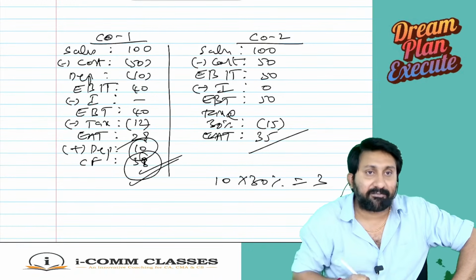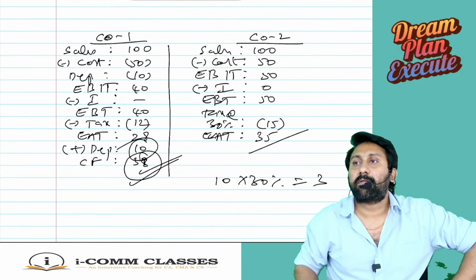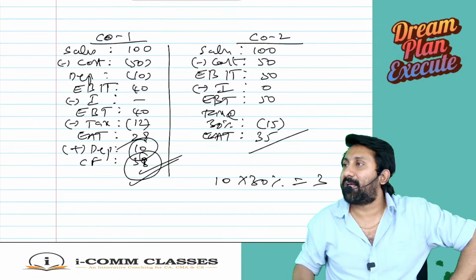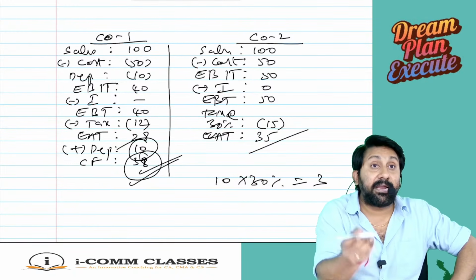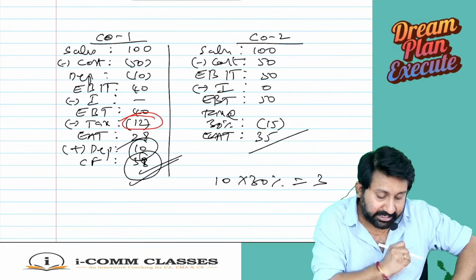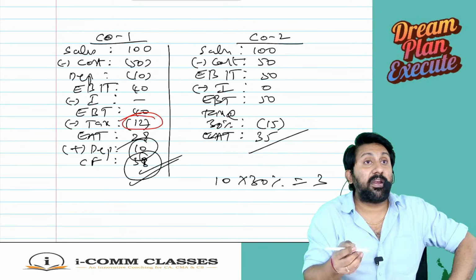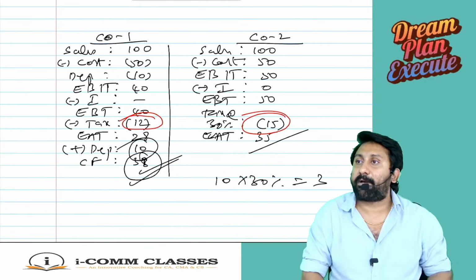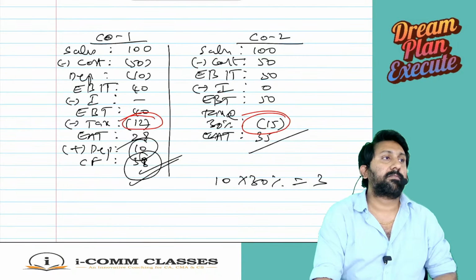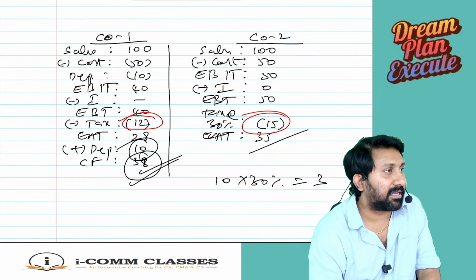That 3 rupees extra we got exactly. Have you understood the point? You can think of it a different way also. The company claiming depreciation has paid how much tax? The company not considering depreciation paid how much tax? A 3 rupee tax saving happened because of depreciation. Do you understand the difference?